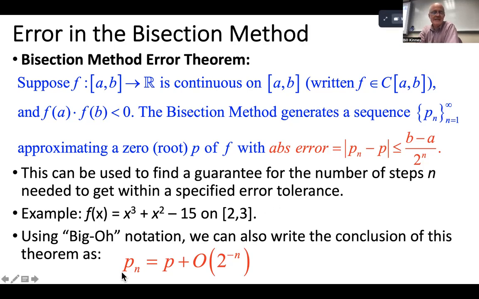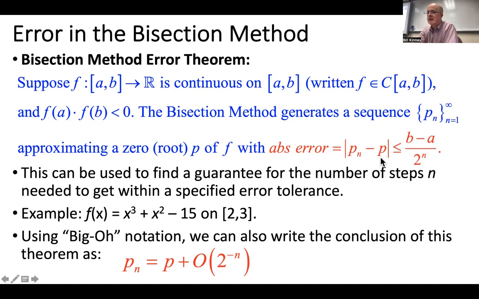What we're saying is our approximation Pn to P equals P itself plus some term of order 2 to the negative n, meaning the error term behaves like 2 to the negative n. That's the intuitive way to think about it. And that's what this error bound theorem guarantees.